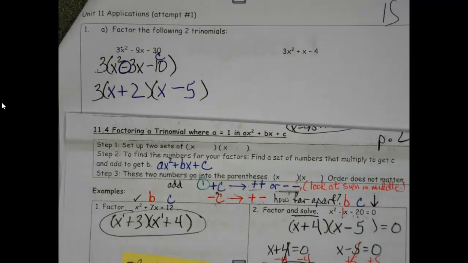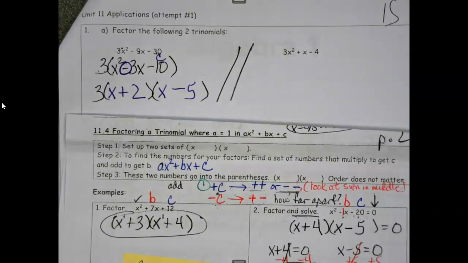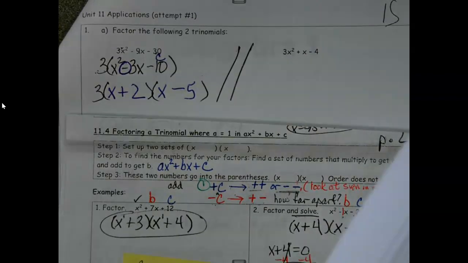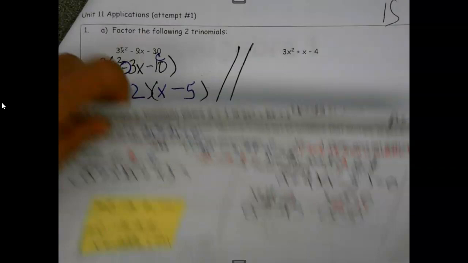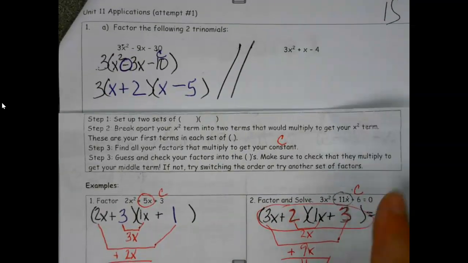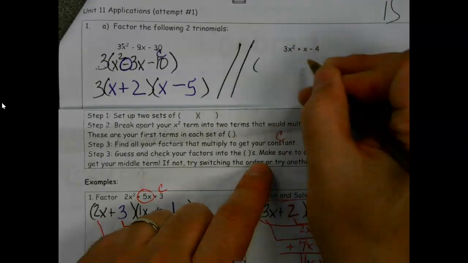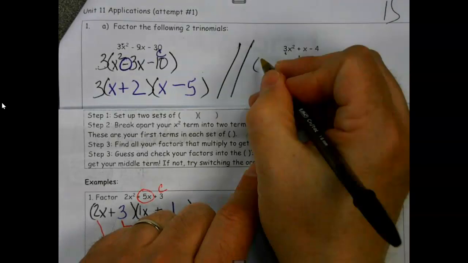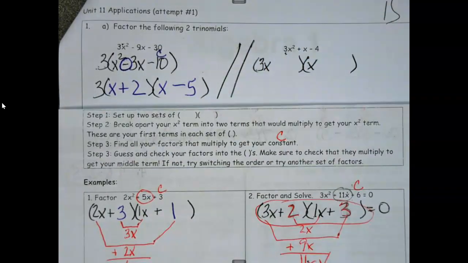Now the other one, nothing's in common. So when there's nothing in common, we go back to what we were seeing in 11.5, which is I get my 2 sets of parentheses. That's going to be my first term and my second.